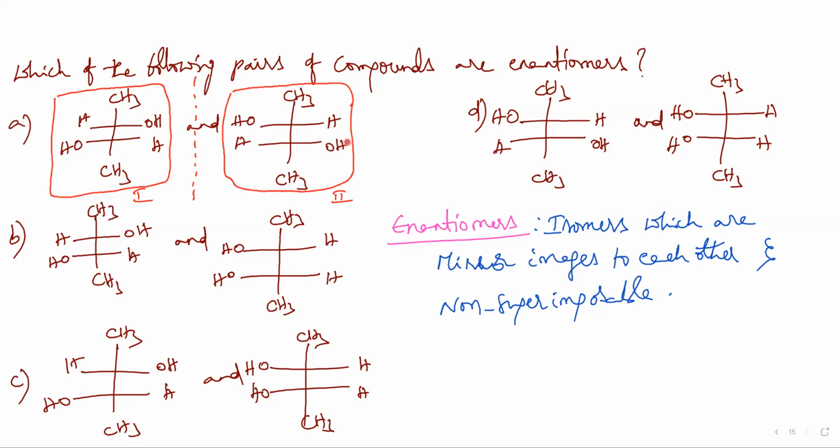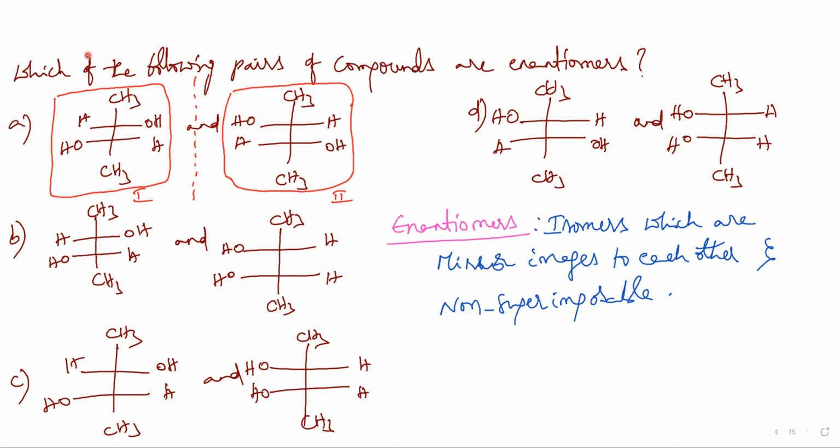Both are matching? No, sir. So that is completely mismatch. If you place this image over this image, then no two groups will match, sir. So complete mismatch. That is what we call non-superimposable.